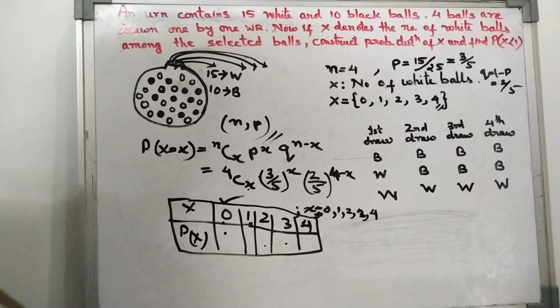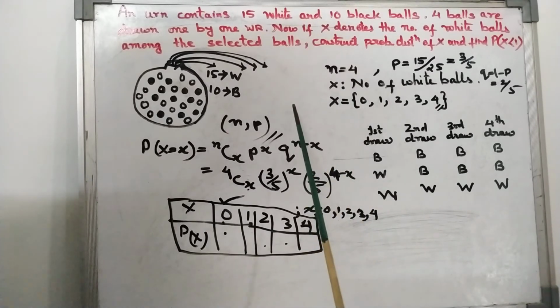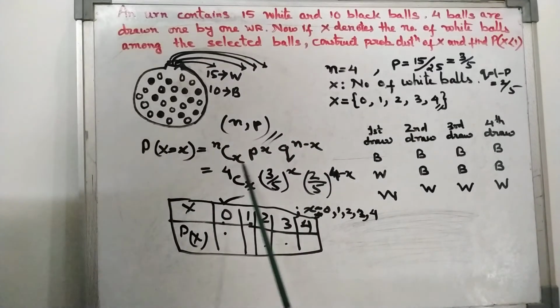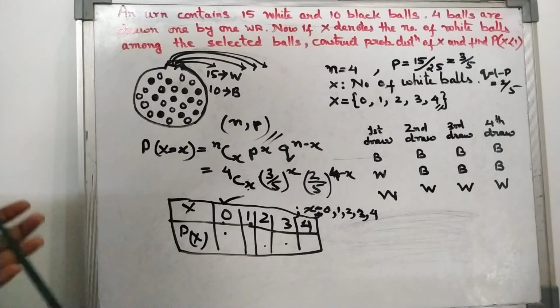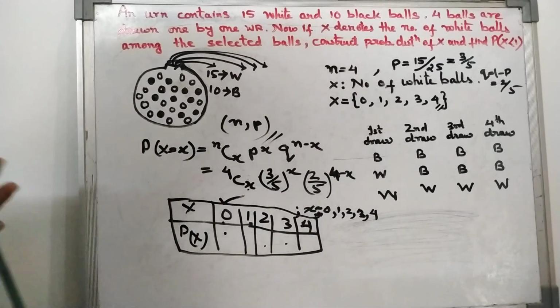So we can apply the binomial distribution here, because x follows the binomial distribution and satisfies its conditions. So we are using the binomial distribution function to calculate the probability of the different values of x. Hope it is clear.